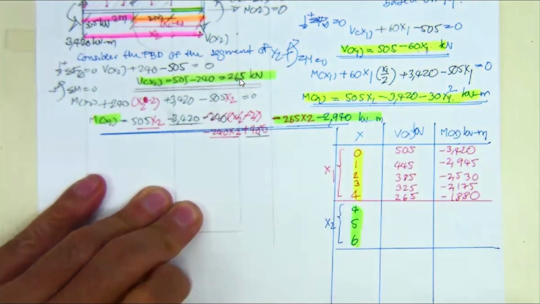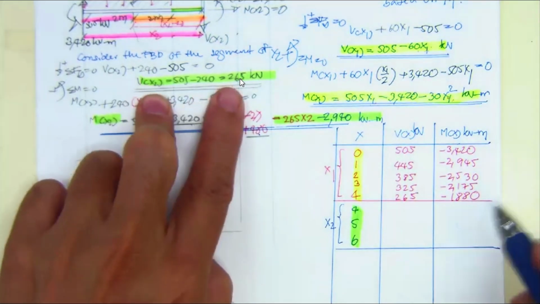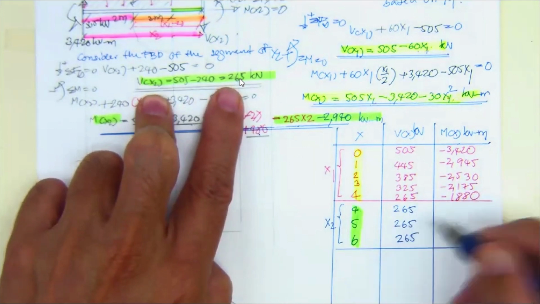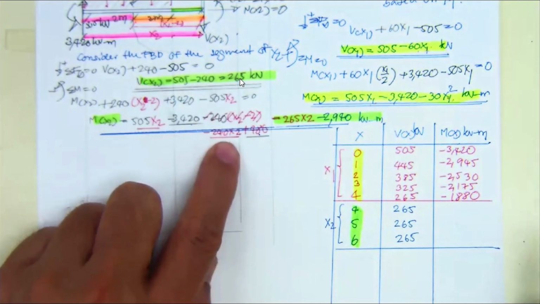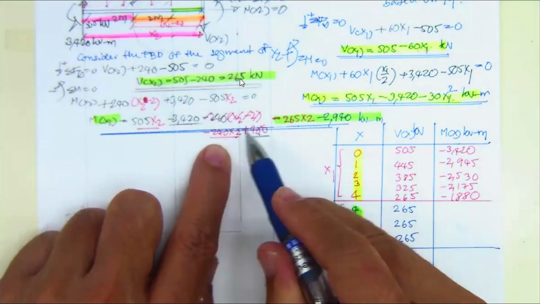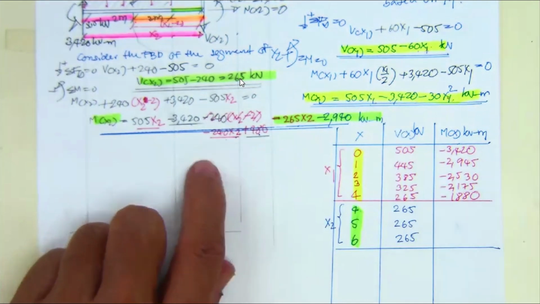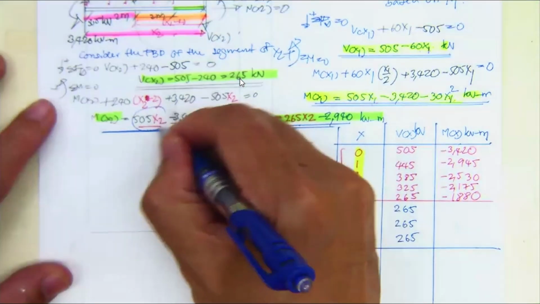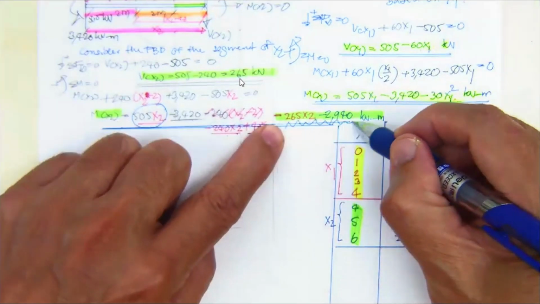Now, move to the green. Over here, the x2 is going to be 265, 265, and 265. And then for this one it is going to be 4 times 240 plus 480. M sub x2 is going to be this equation.